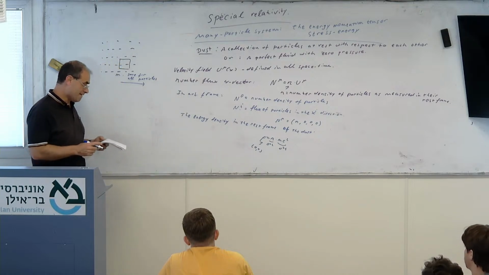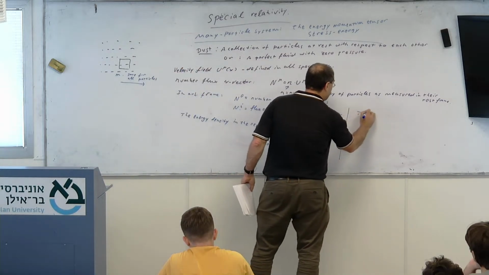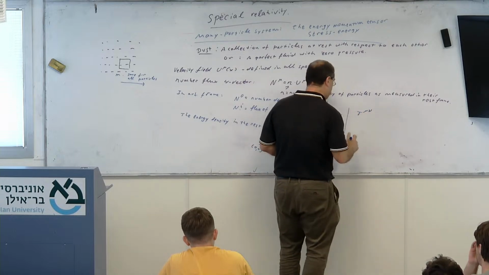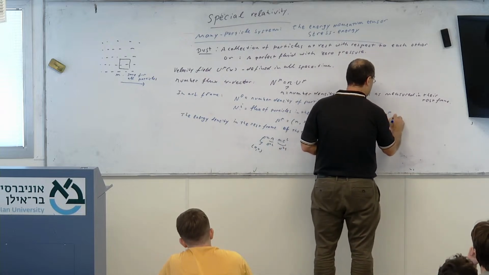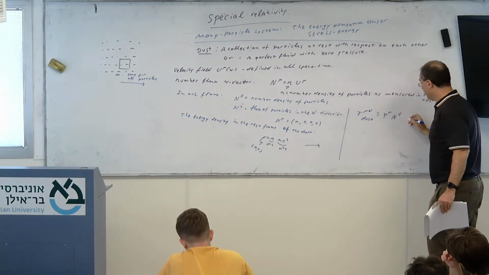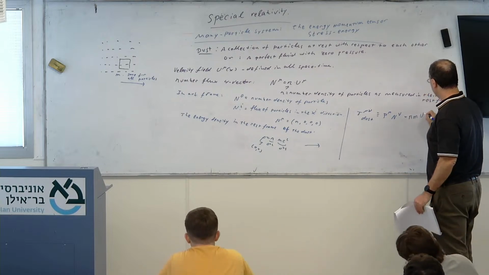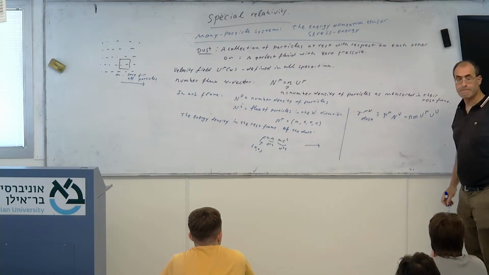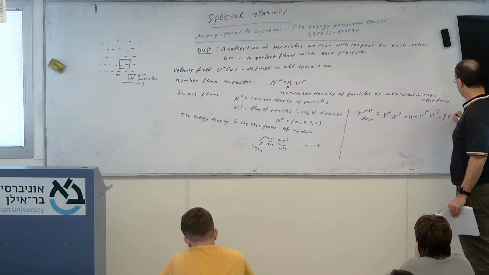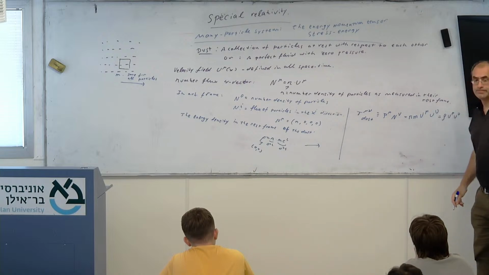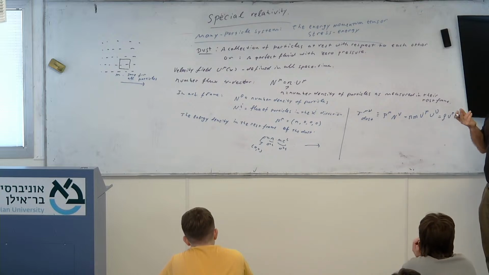And that exactly leads us to define T^mu nu for dust to be n m u^mu u^nu, or rho u^mu u^nu, actually with c squared, excuse me.